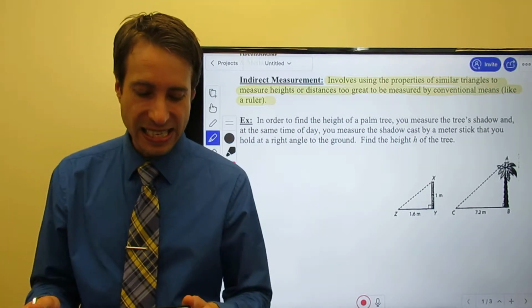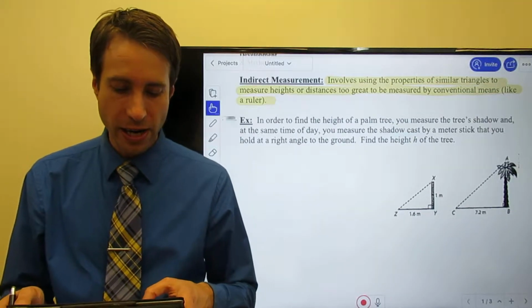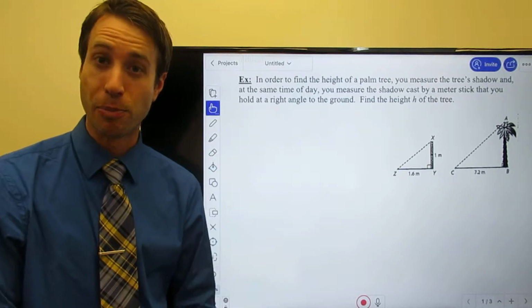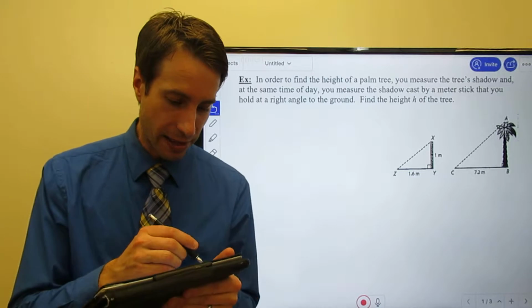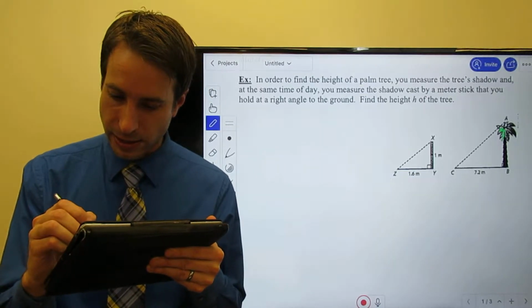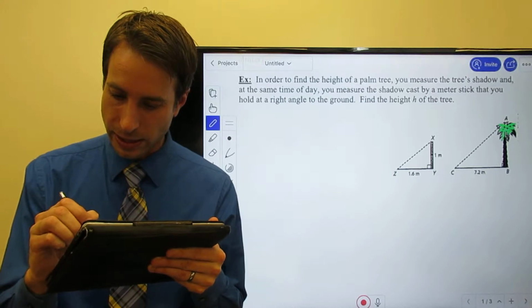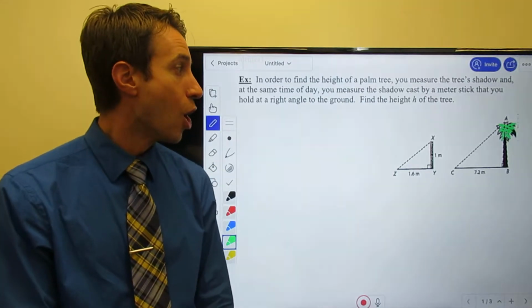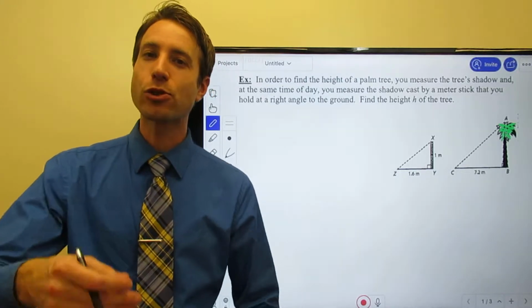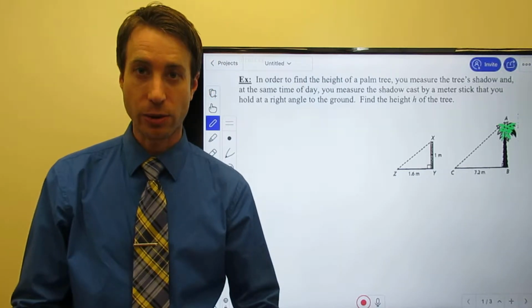And I have a fantastic problem for us to get started here. Since we're here in sunny Orlando, Florida, let's measure the height of a palm tree. Shall we? We shall. In fact, let's go ahead and color that palm tree. Let's make it green because it's nice and green outside and we like green stuff. Yay, there we go. There's a green palm tree. Now, the way that this works is you're actually going to use shadows.